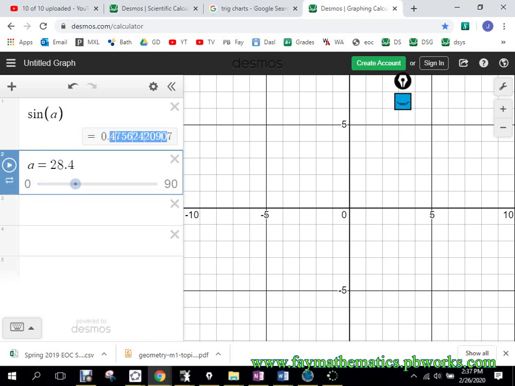The sine of 28.4 is that number right there. And you're going to get the same thing if you were typing in your calculator sine of 28.4. Okay? But it's telling me then that every triangle that has a 28.4 degree angle in it, and it's a right triangle, when you divide the opposite by the hypotenuse, you're always going to get 0.475 back.